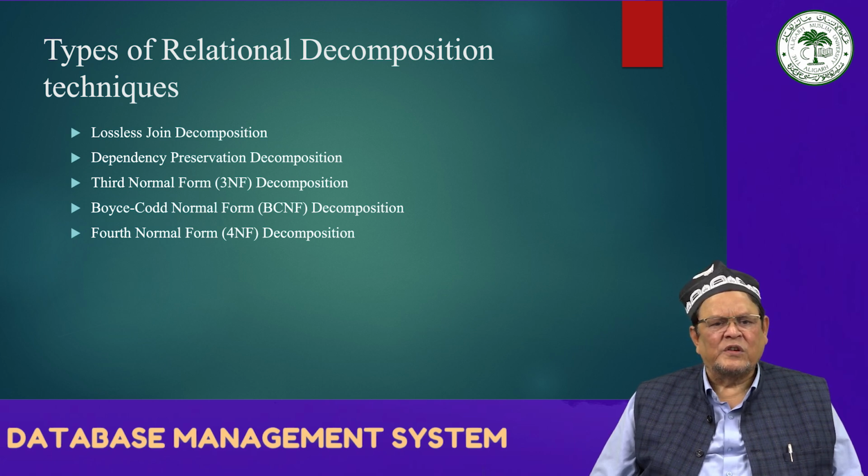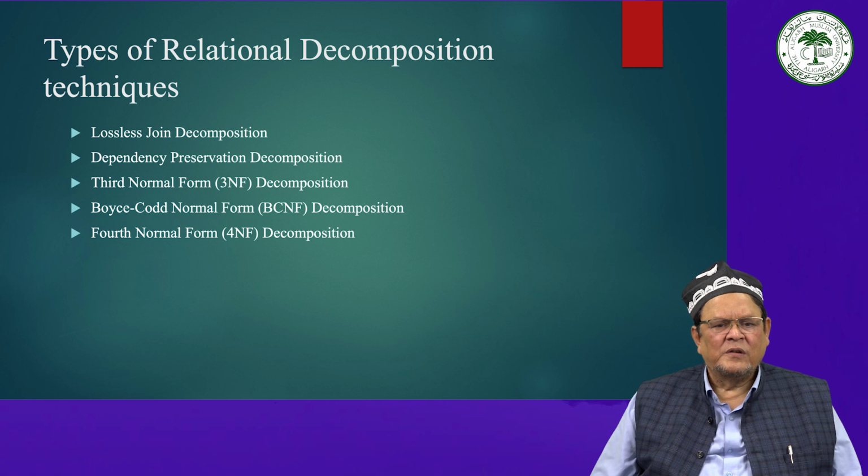Each type aims to achieve specific goals related to reducing data redundancy, preserving functional dependencies, and optimizing database design. Here are some common types of relational decomposition: first is lossless join decomposition, dependency preserving decomposition, Boyce-Codd normal form decomposition, third normal form decomposition, fourth normal form decomposition.